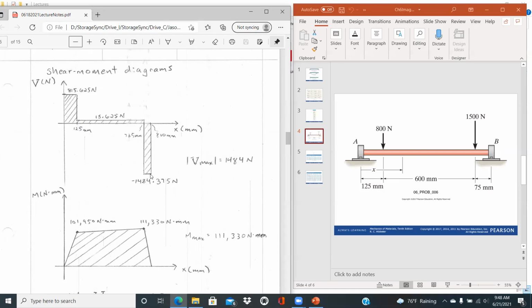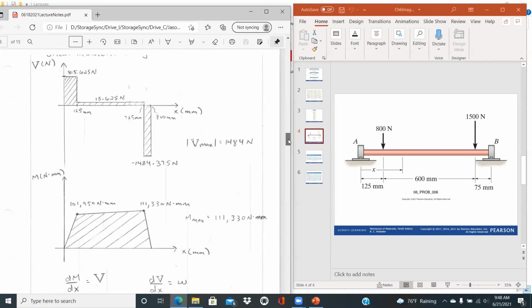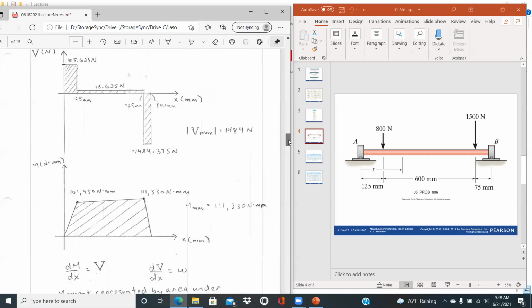And the other thing that we'll find, we'll start talking about this here down below, is that when you start looking at the relationship between the shear force and the internal moment, it's really looking at the area under the shear diagram.